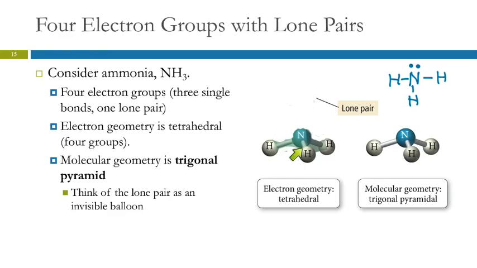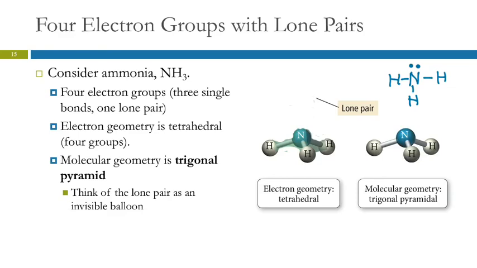Because the lone pair was pushing these guys down. And so the angles here are not 120, they're roughly 109.5, like a tetrahedron. So the name of this molecular geometry is trigonal pyramid. So it's trigonal, but it's a pyramid. It's a very shallow pyramid, but it's a pyramid. It's not trigonal planar.